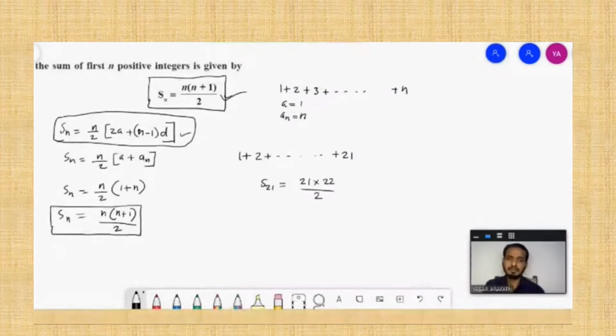N is equal to 21, so n plus 1 means you add 1 to n. N is 21, so 21 plus 1 is 22. And by 2, you can cancel 2 and 22, you can write 11. So 11 into 21, you will get the answer. Okay, 21 into 11, what's the answer? Yes, 231. 231 will be the answer.